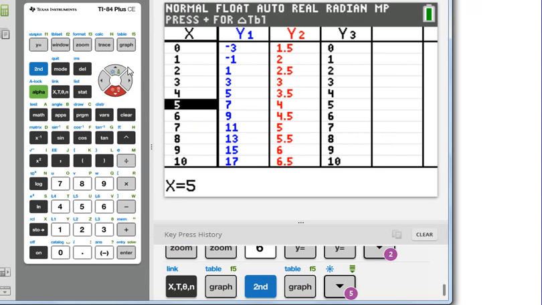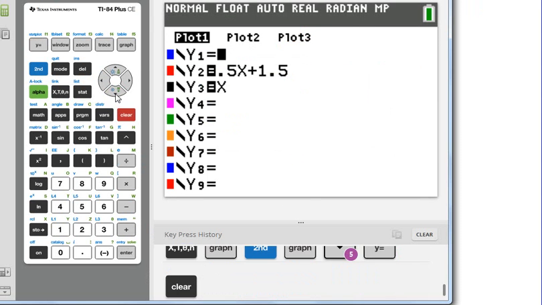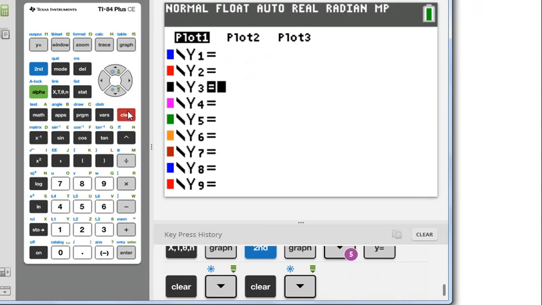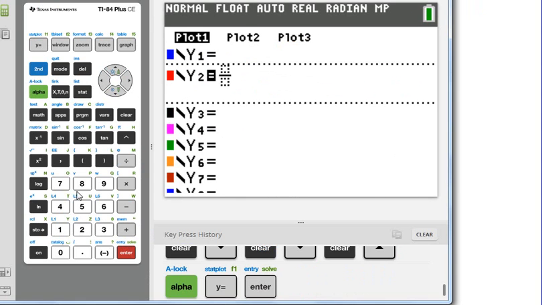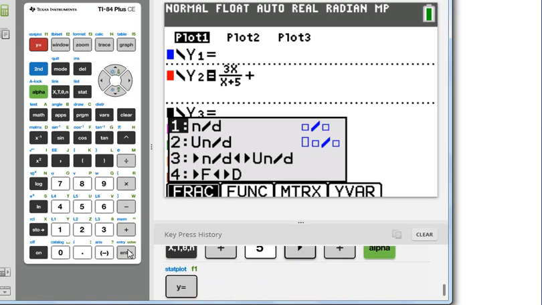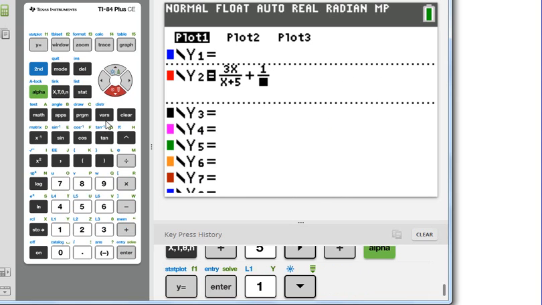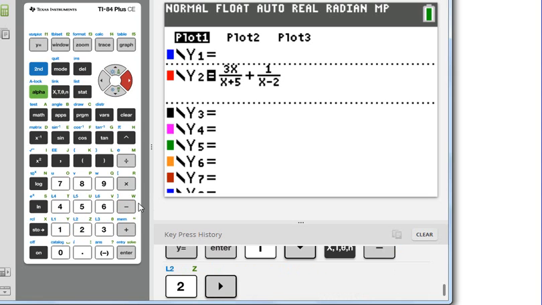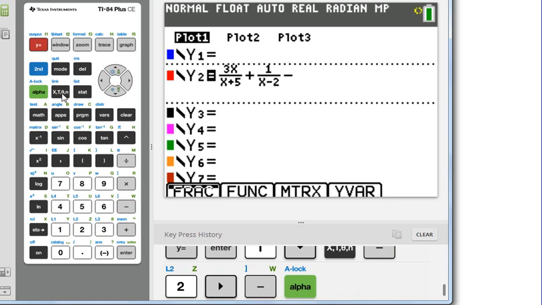So I'm going to go to the function editor again, clear out what we have, and write in the functions here. So I'm going to put first 3x over x plus 5, and then we have plus 1 over x minus 2, and then finally we're going to subtract that other side of the equation.